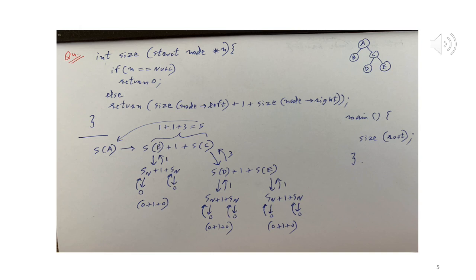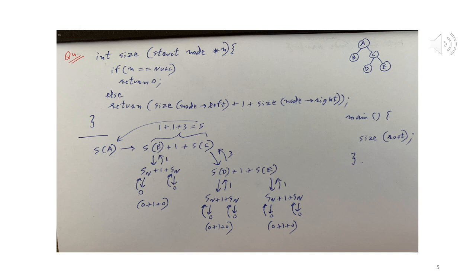Initially, we first make a call with s of A, calling it with the root. Now n points to A. Is n null? No, because it contains the starting address of A.